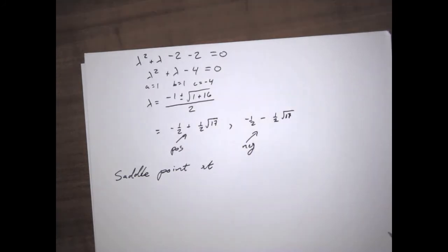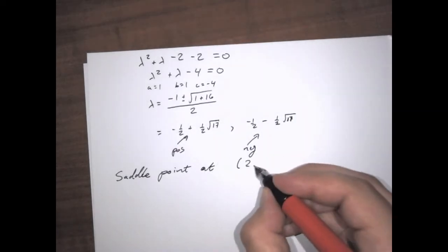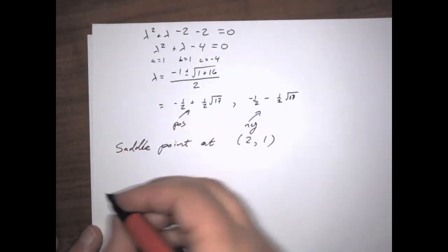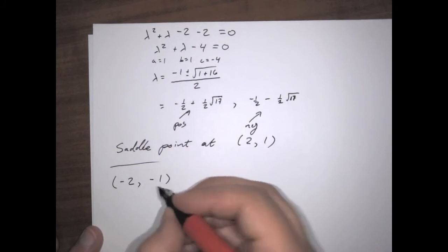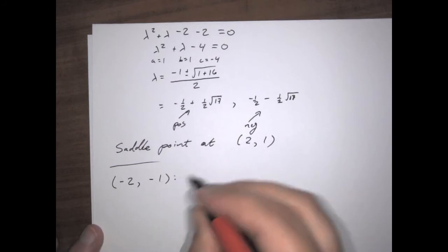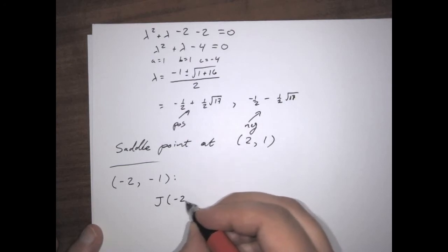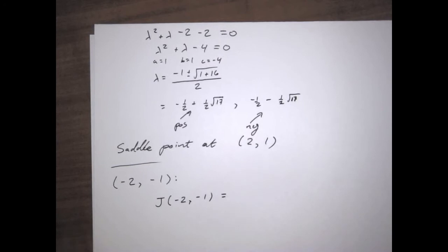Saddle point at, and choose this as 2, 1. And then at negative 2, negative 1, we will want to calculate the Jacobian. So negative 2, negative 1. So what was the Jacobian here?